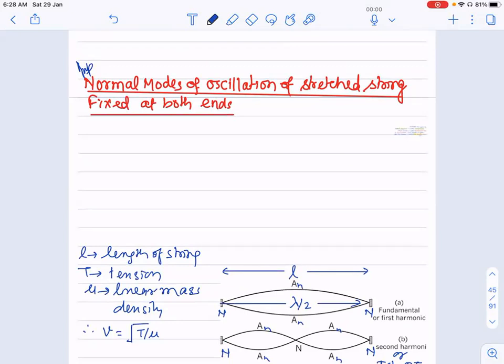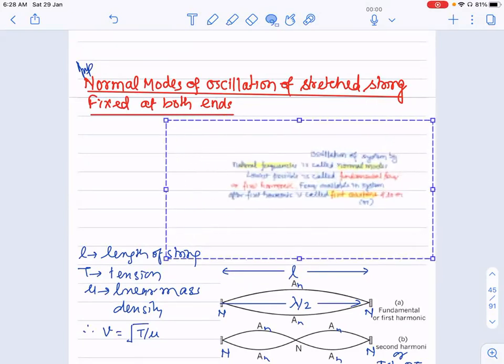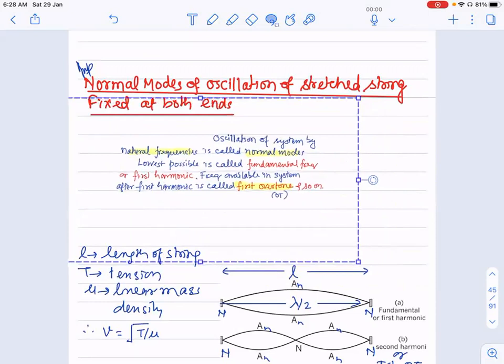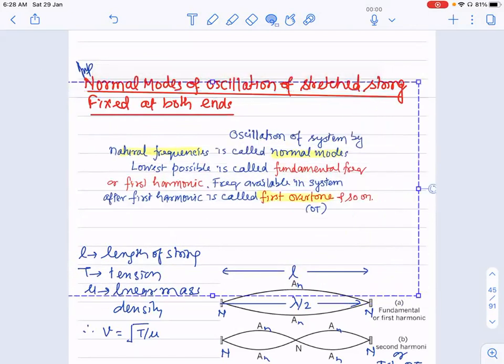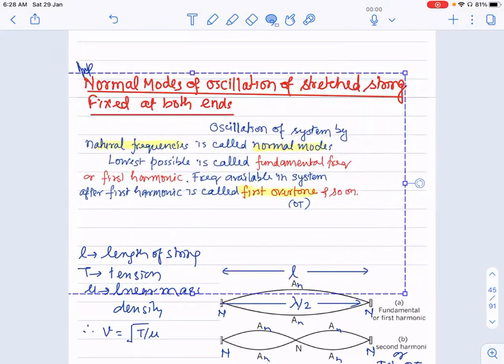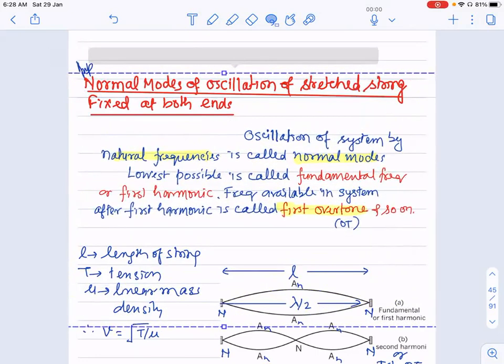These particular modes of vibration are called normal modes of oscillation of the string fixed at both ends. The lowest frequency we call the fundamental frequency. The next available frequency, at which it vibrates in 2 loops, will be called the second harmonic or overtone.